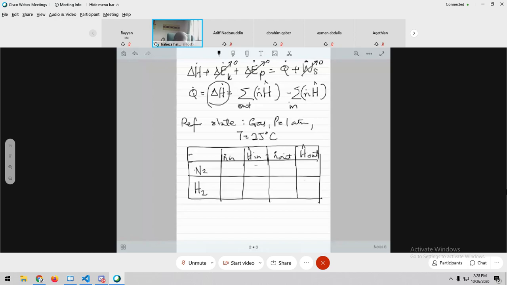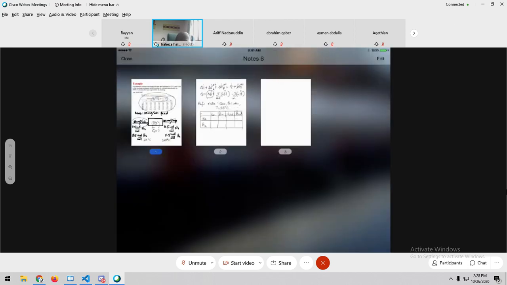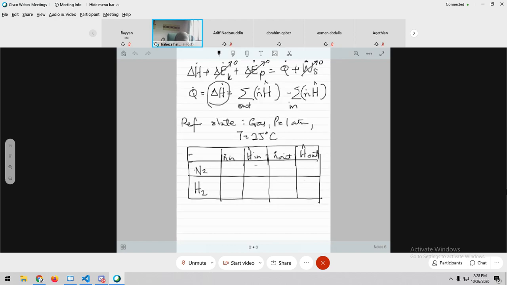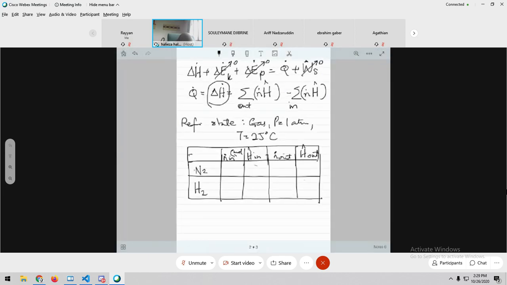Okay, go back to our diagram. 100 mole coming in, 50% of the mixture is nitrogen, 50% is hydrogen. So what's the amount of nitrogen coming in? 50 moles per minute.